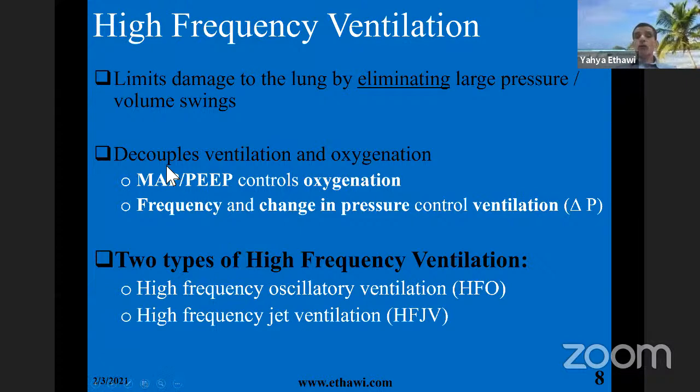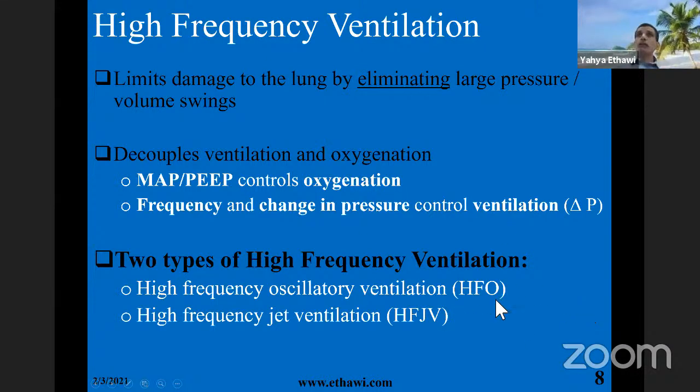We also can cause decoupling, so we can control the oxygenation and ventilation by different parameters. We can control the oxygenation by changing the MAP or PEEP, and also we can change the frequency and the difference between the MAP and amplitude that gives us the delta P. With this, we can control the CO2.